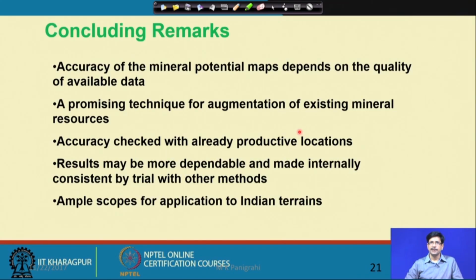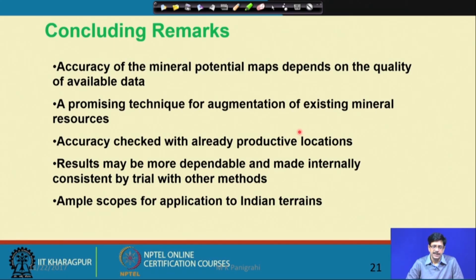So, such an exercise, which is just given as an example, is not a successful exploration history. Such an exercise depends on the accuracy of the input data that is being taken in, the satellite image data or the other kind of data of course, and the geophysical anomaly data as they have been interpreted, and depending on the method that has been applied.